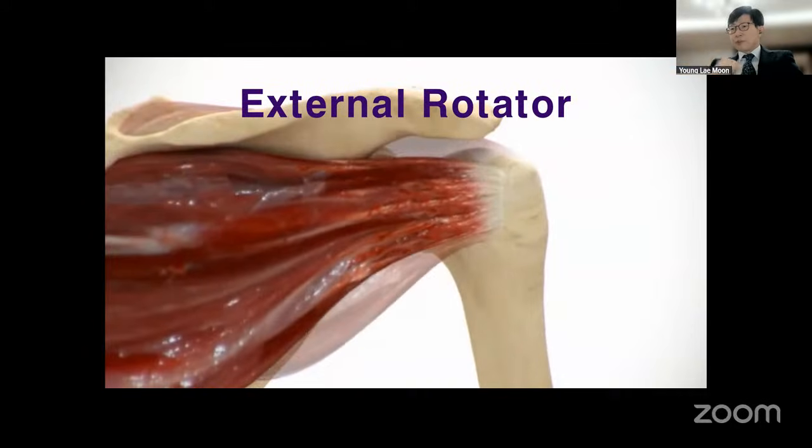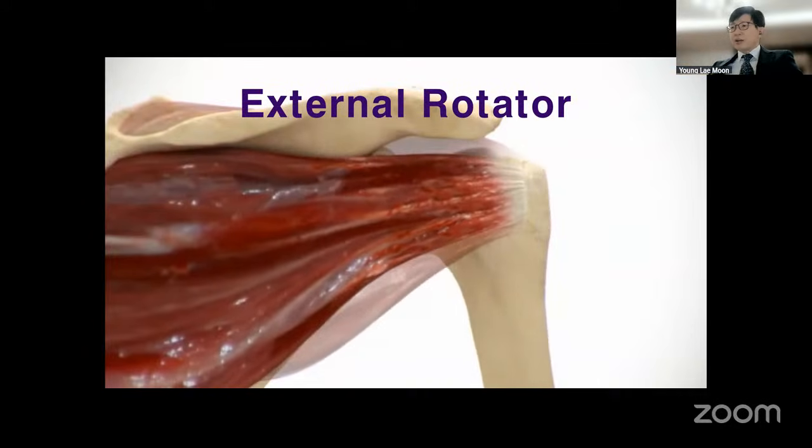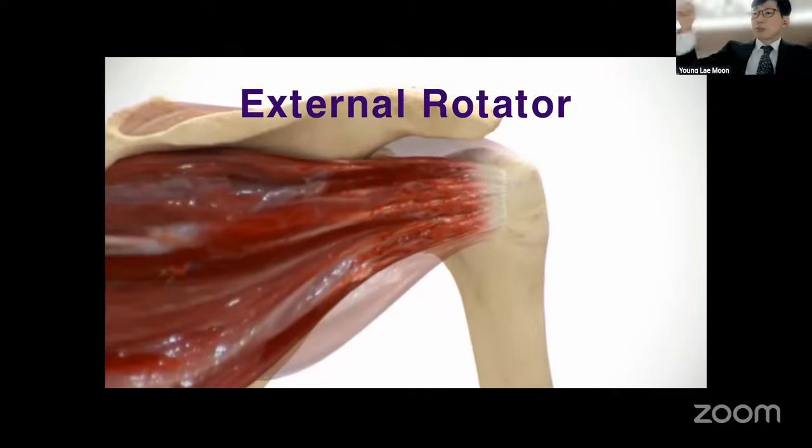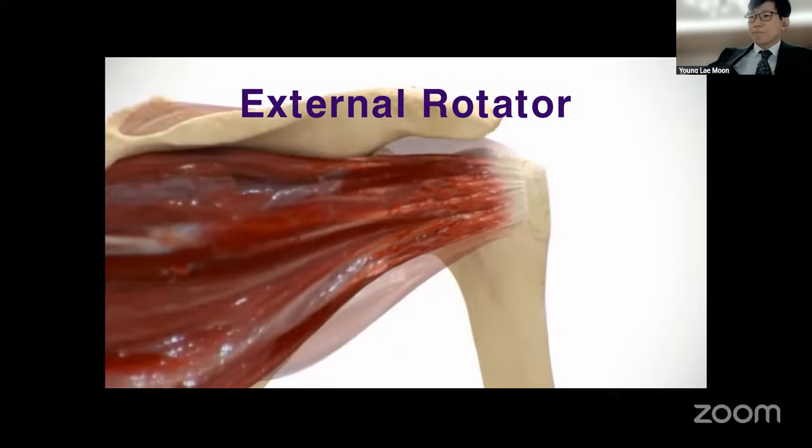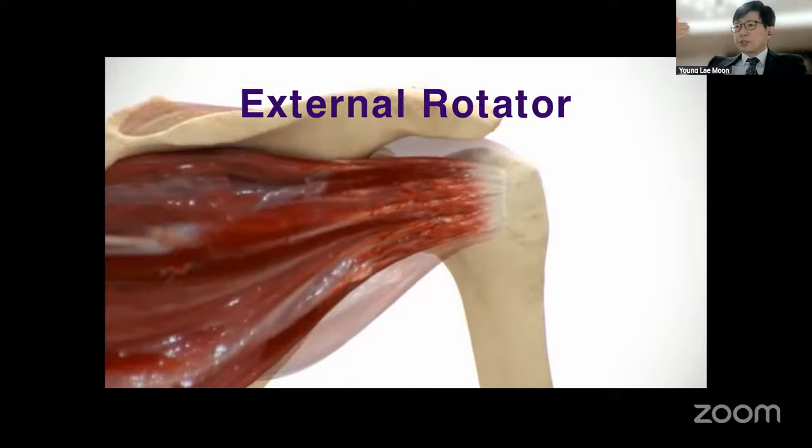The infraspinatus and teres minor are the primary external rotators, inserting on the middle to inferior facet of the greater tuberosity. They provide external rotation strength and posterior stability. The infraspinatus is innervated by the suprascapular nerve, and the teres minor by the axillary nerve.